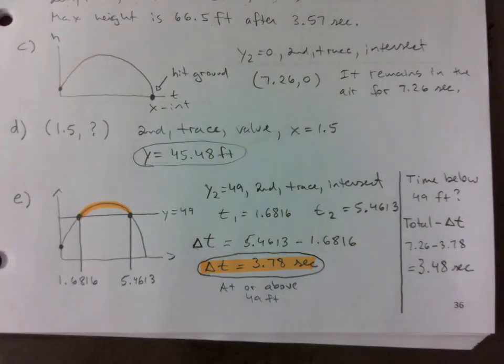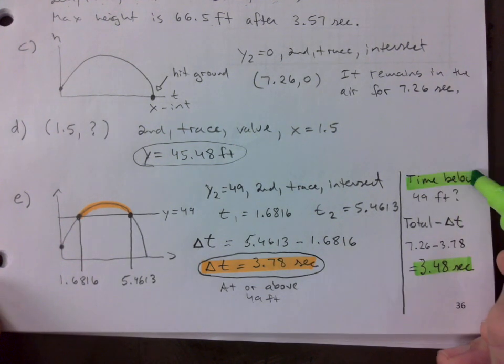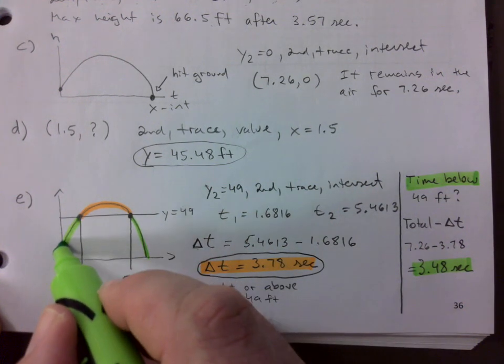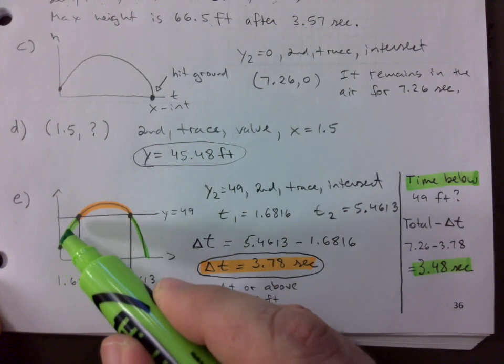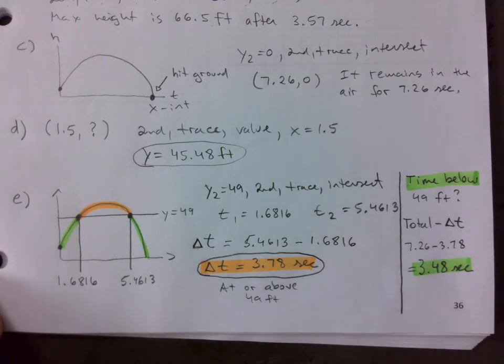Almost, not quite. I'm going to add a highlighter to this. Time below, right? It's talking about the time spent here on its way up, and then again back here on its way down.